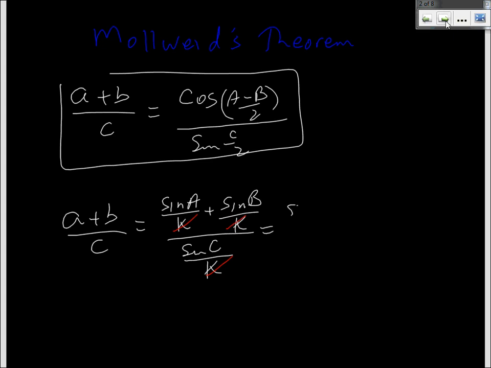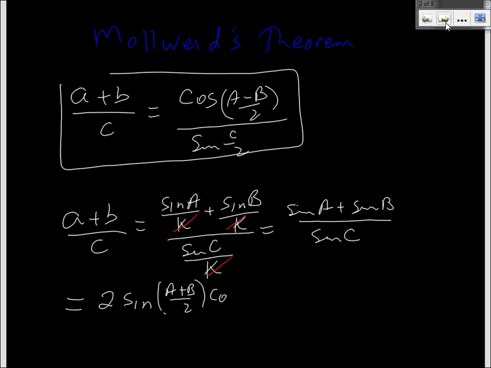So we get the sine of A plus the sine of B all over the sine of big C. But we know what the sine of A plus sine of B is. It is 2 times the sine of (A plus B) over 2 times the cosine of (A minus B) over 2.